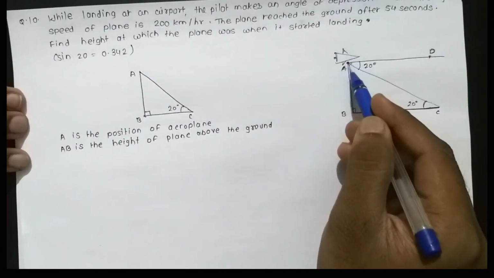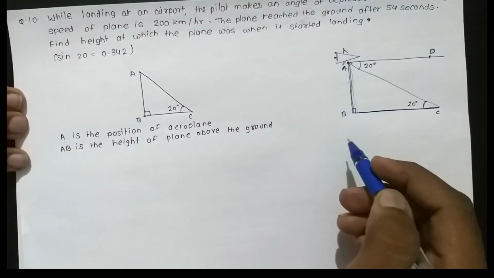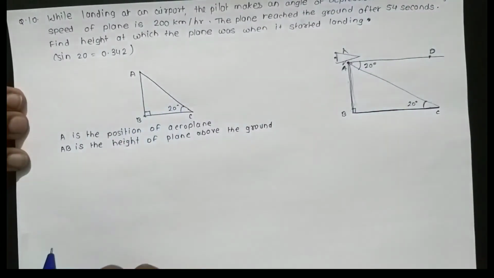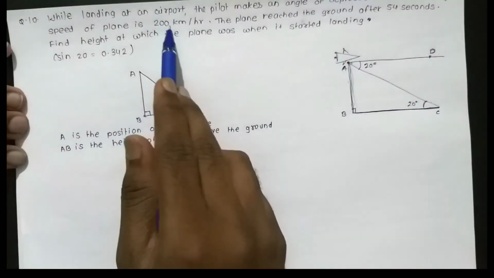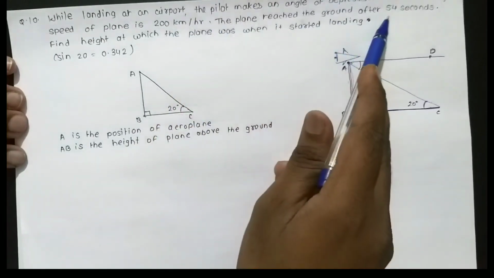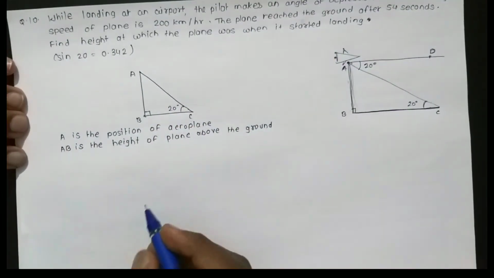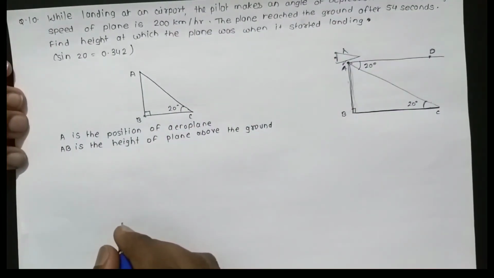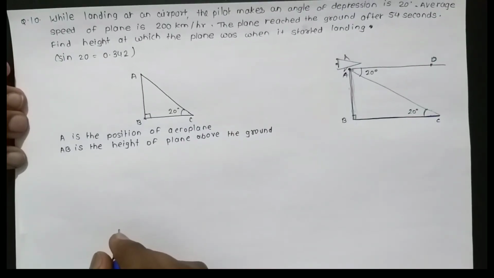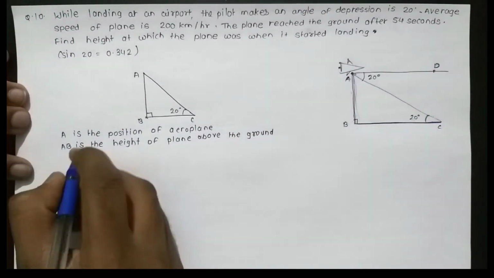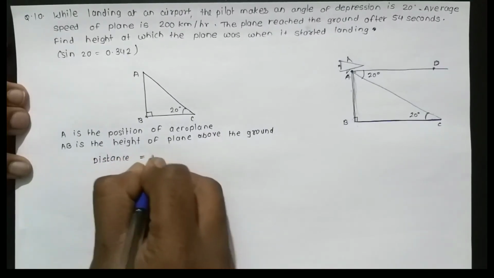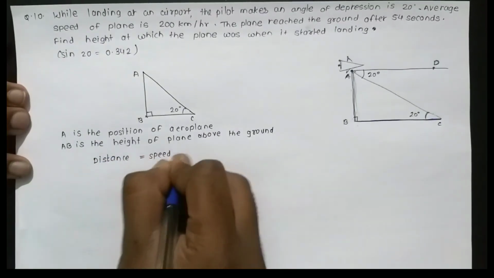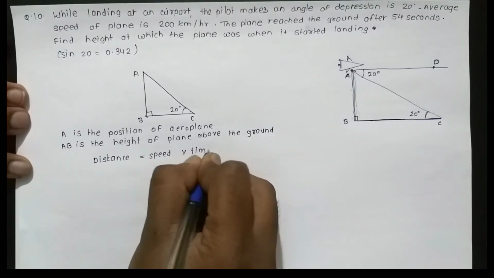So we have to find AB, but we don't know any side in this. So the extra information is the speed and time. So we have to use another formula, that is distance is equal to speed multiplied by time.